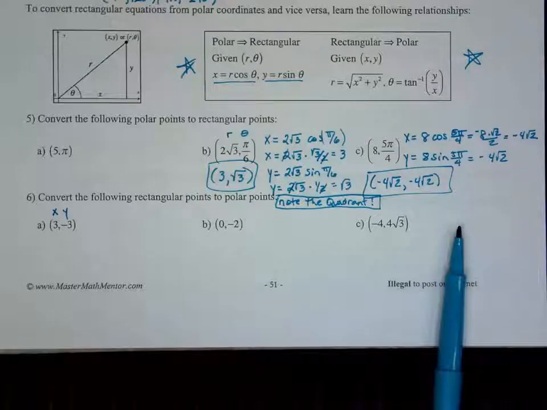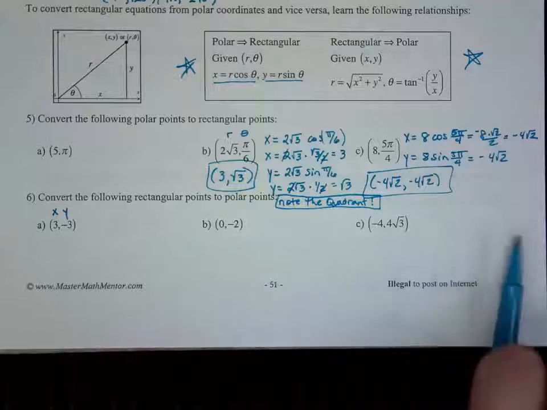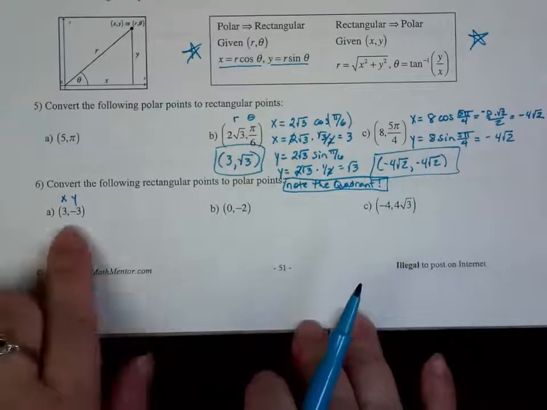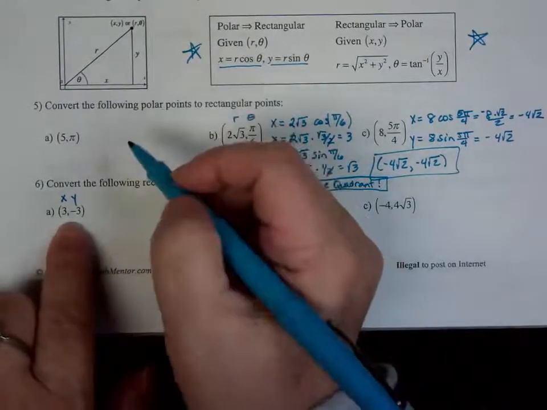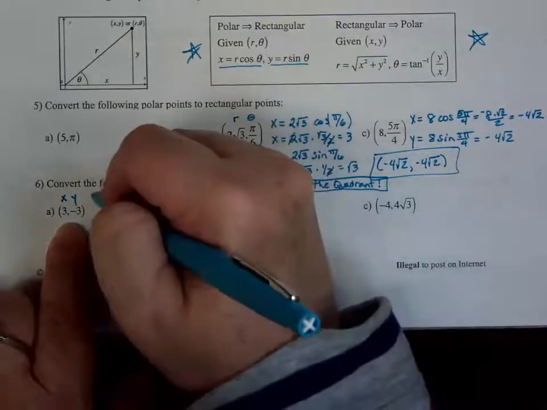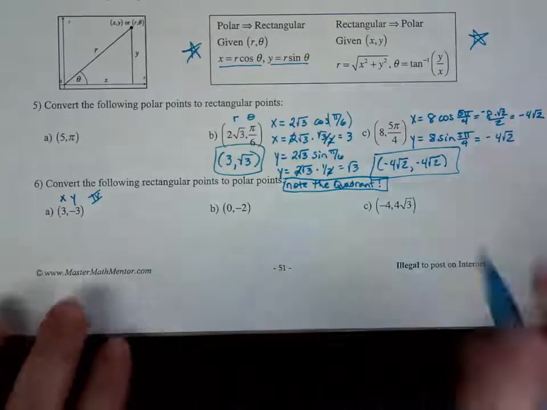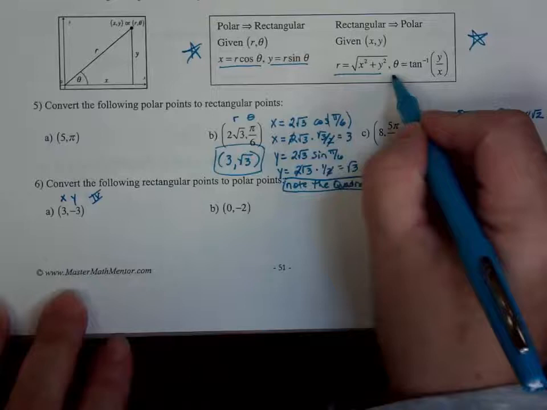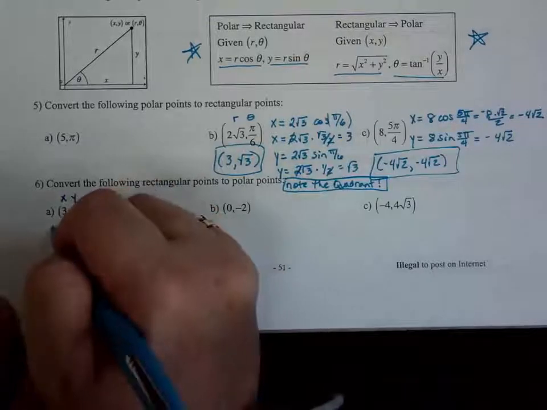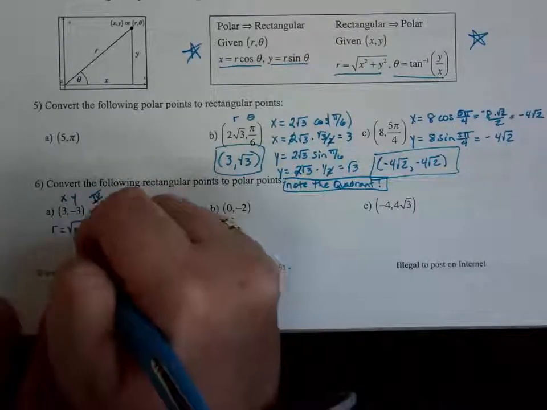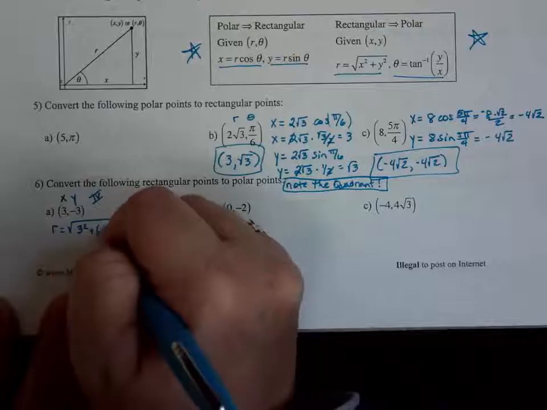Okay? So, let's do letter A first. This point x and y, what quadrant is it in? That's quadrant 4. So I'm going to write myself a little 4 right there to remind myself later. Now, the relationships for rectangular to polar are up here. R is equal to the square root of x squared plus y squared.